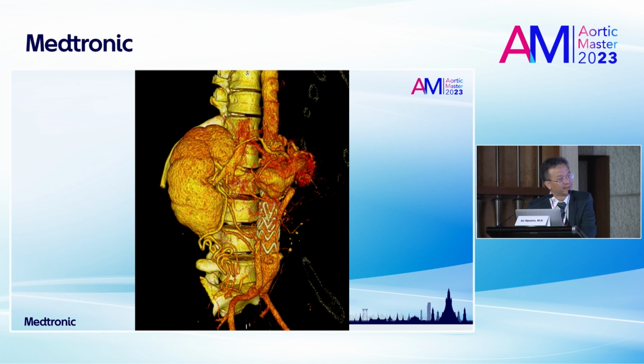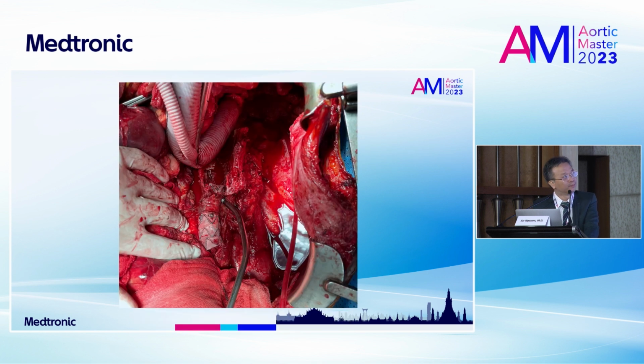But 2 years later, there was a false aneurysm at the end of the stent, and the right kidney was occluded. This patient had a hypoplastic left kidney, so he survived on only one kidney, and the main vessel to the kidney was occluded by the stent. So in this case, we had to reopen and put in a graft.